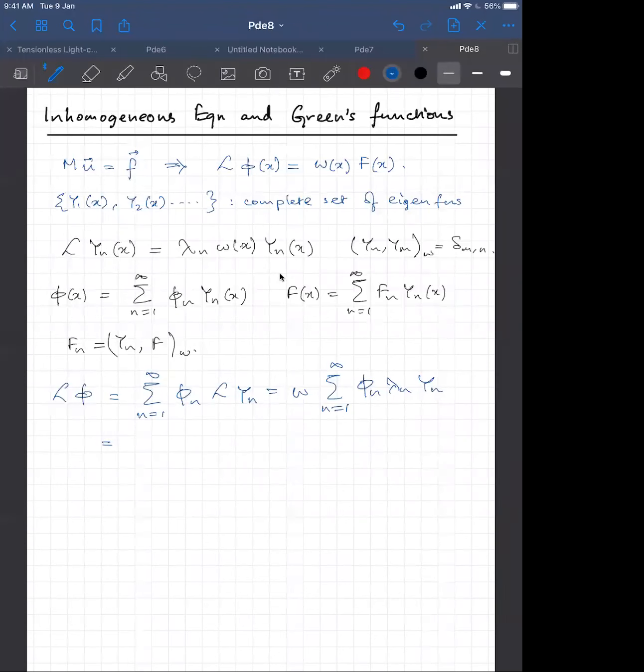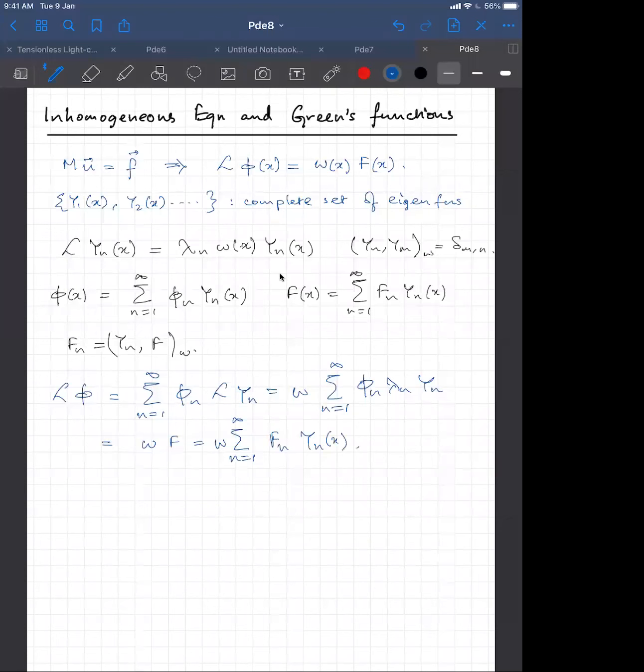By the equation that we started off with, this is just w into f, which is nothing but the summation n equal to 1 to infinity of fn, with a w sitting outside, yn of x.